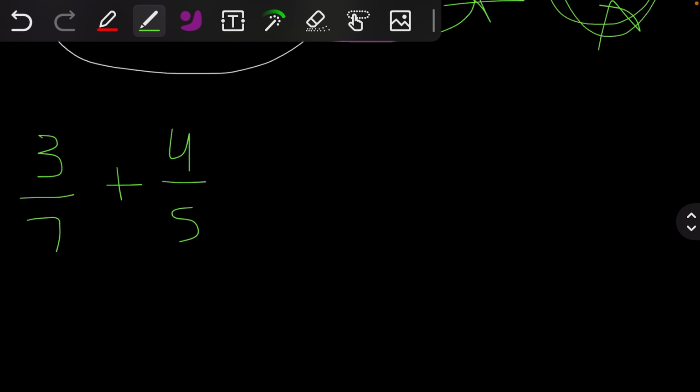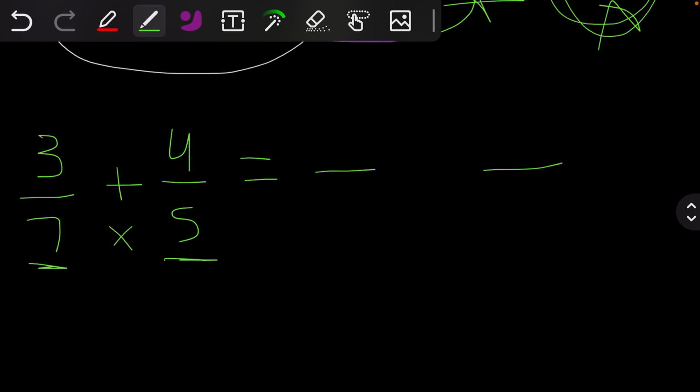Again, the first thing that we want to pay attention to is if the denominators are the same. And we can see that these two denominators are not the same, this being the first fraction, this being the second fraction. The two denominators are not the same, so that's the first thing that we have to address.